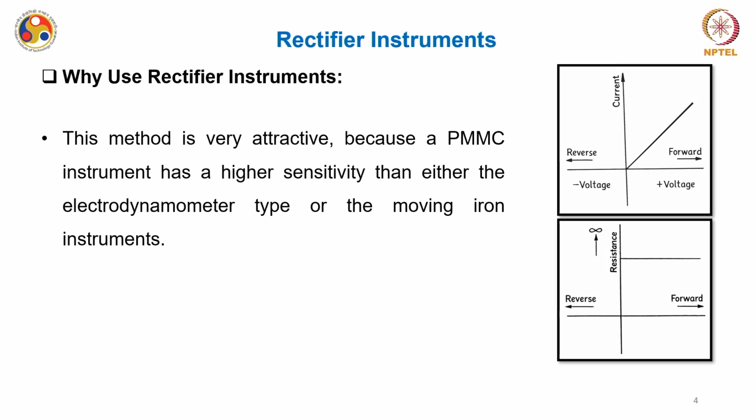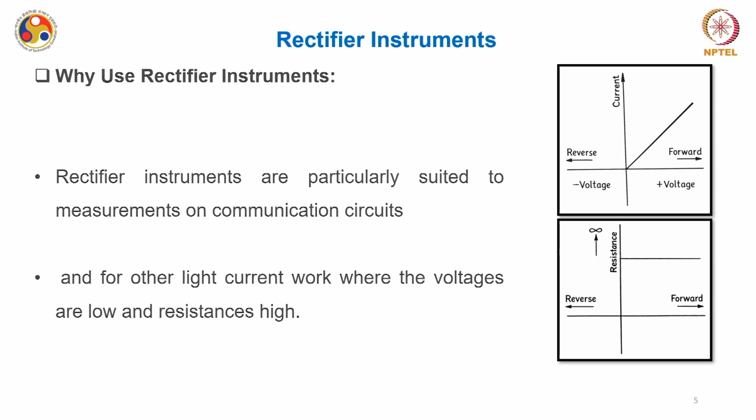This particular method of indirect measurement of an AC signal is very attractive because a PMMC instrument has higher sensitivity compared to the electrodynamometer type or any other instrument like moving iron instruments. So in conjunction with a rectifier, you are using a PMMC tool to measure an AC signal.